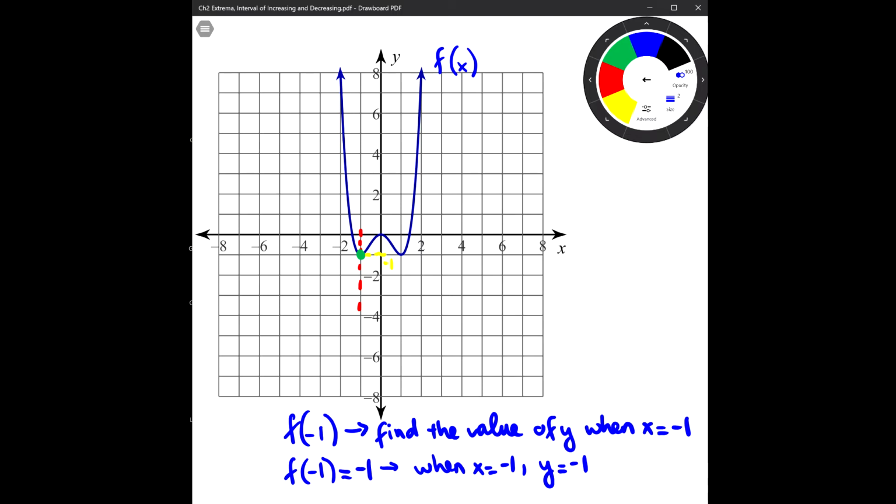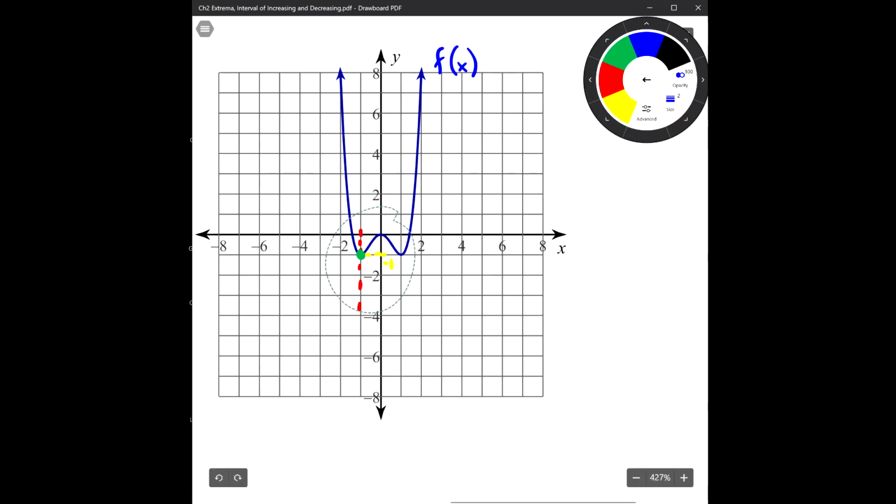Alright. Okay, let's try another one. Let me erase this first. Next, let's try f of 1. What does f of 1 mean?